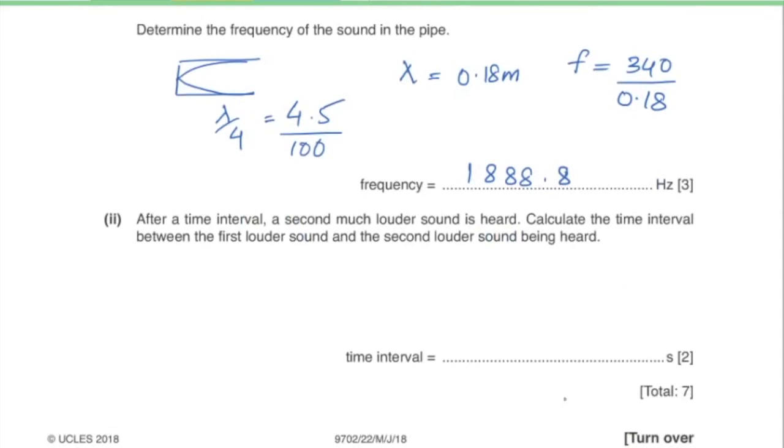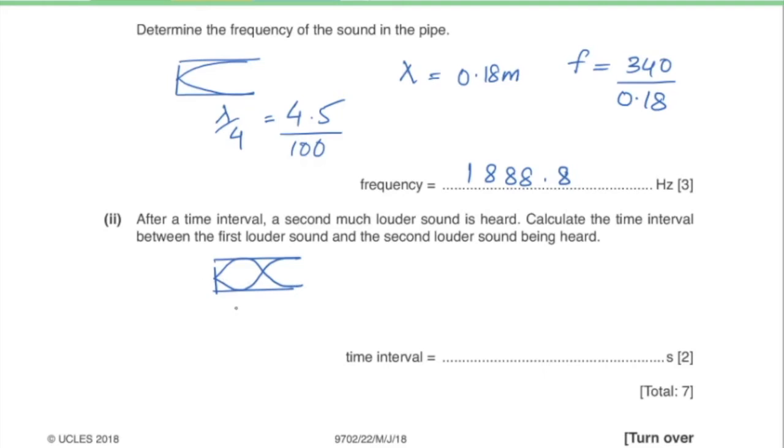Part 2. After a time interval, a second much louder sound is heard. Calculate the time interval between the first loudest sound and the second loudest sound being heard. Okay, so the second much louder sound would have a waveform like this. Every time you draw this waveform for a tube like this, which has an open end and a closed end, an antinode must be at the open end and the node should be on the side where it is closed.